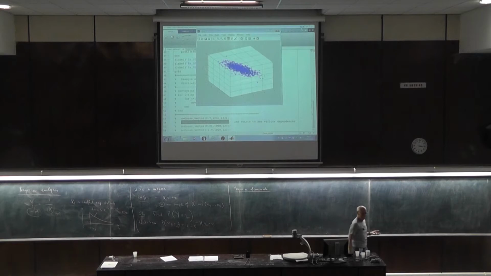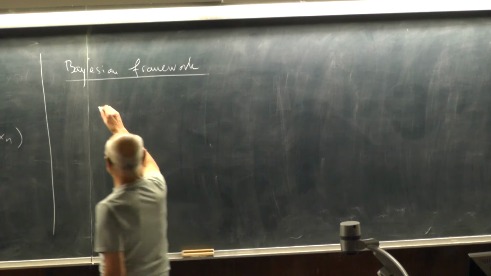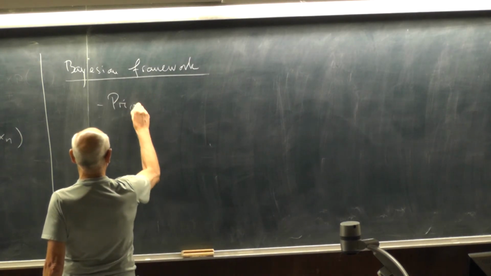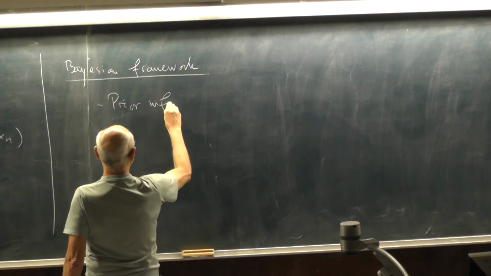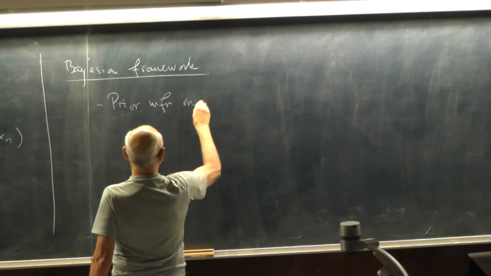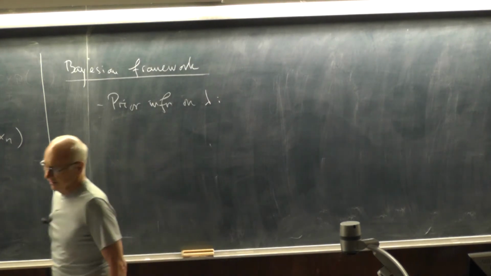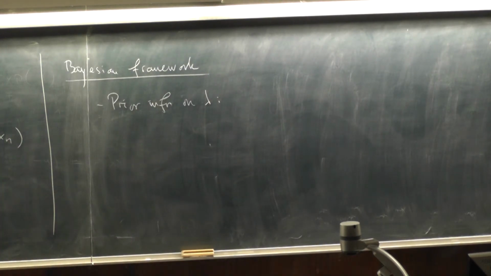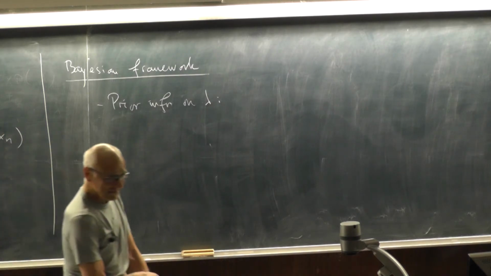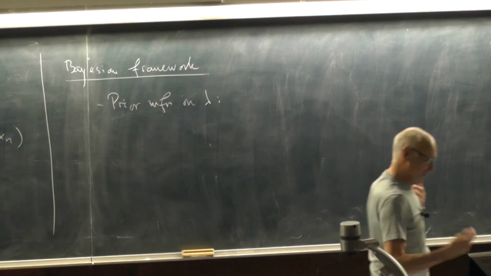First, we have to have some information on lambda which is independent of the experiments. So we need prior information on lambda. Now, this, of course, is a source of huge debate, between people who are against the Bayesian framework and people who are for it.